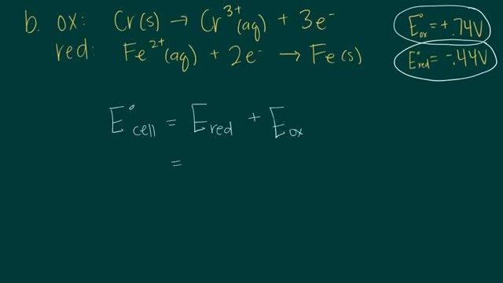So we can simply plug those in. The reduction potential is 0.44 volts, while the oxidation potential is 0.74 volts. And we calculate that out to positive 0.30 volts, and that is our E cell naught.